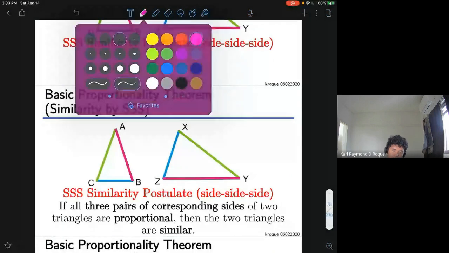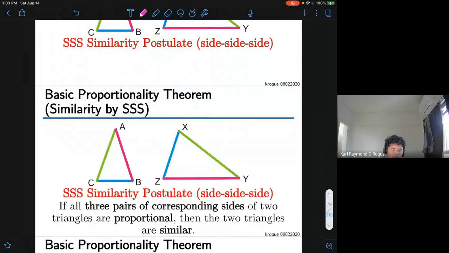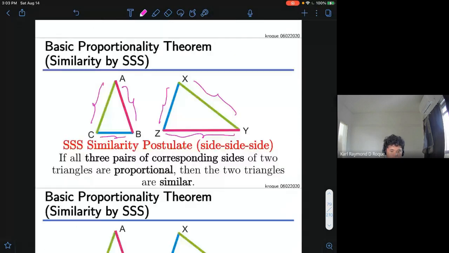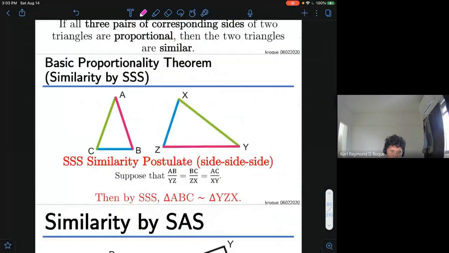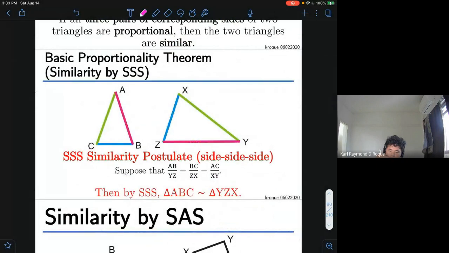Kung magkaka-proportional tong mga corresponding sides na yan, similar sila. AB is to YZ, BC is to ZX, XY is to AC. Similar sila by SSS.